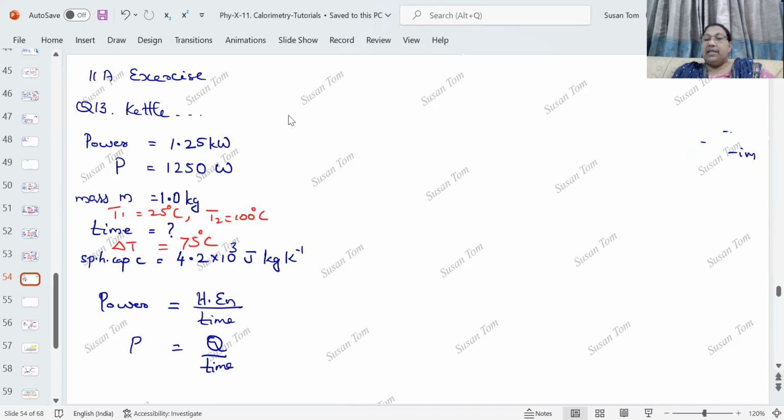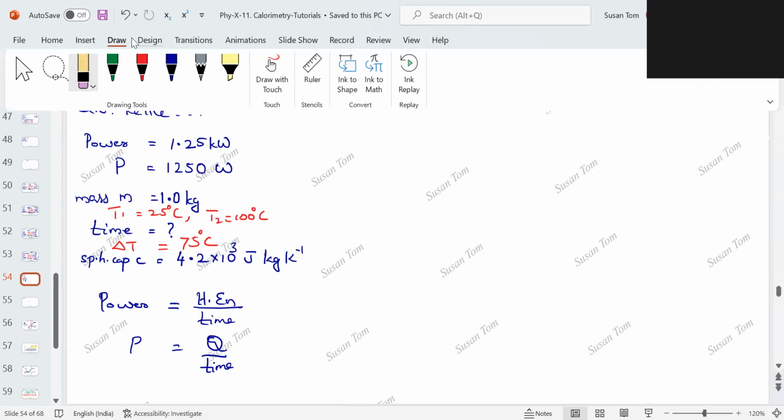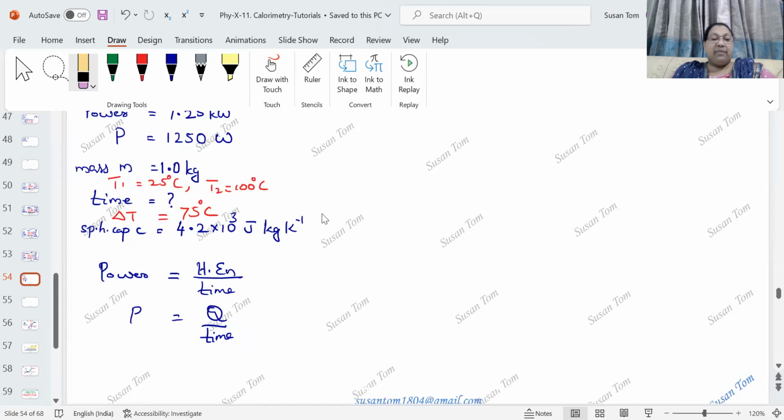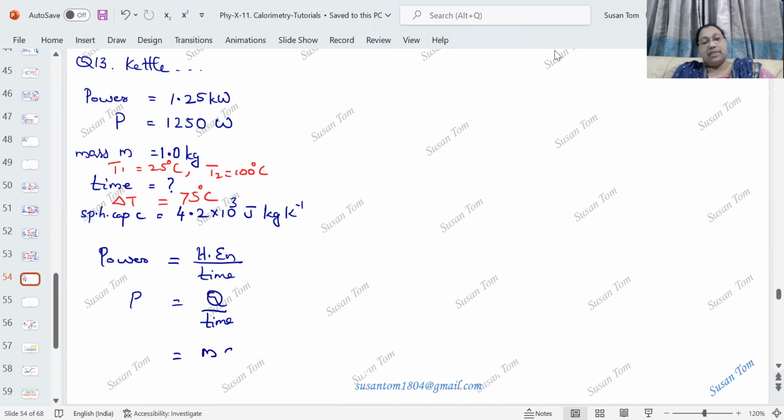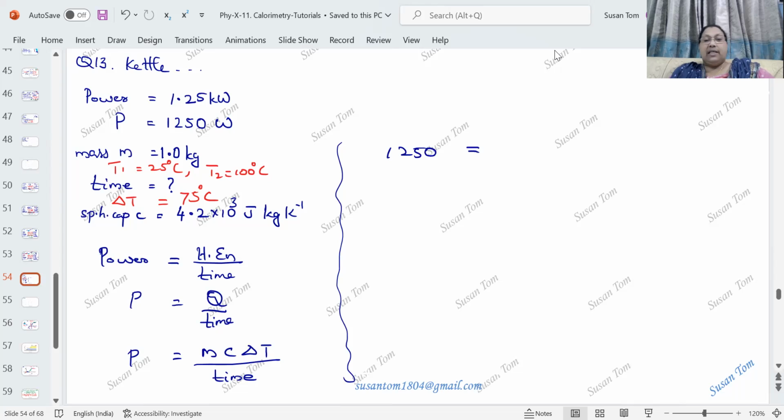P is equal to MC delta T by time. So power, 1250 watt, is equal to mass 1 kg, times specific heat capacity, which we have converted into per kg, 4.2 into 10 raised to 3 joules per kg per Kelvin, times delta T, 75, divided by the time.